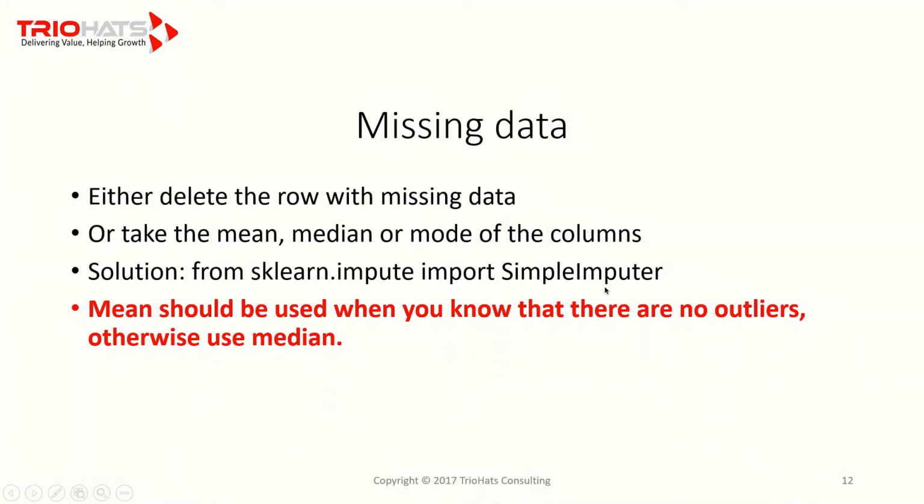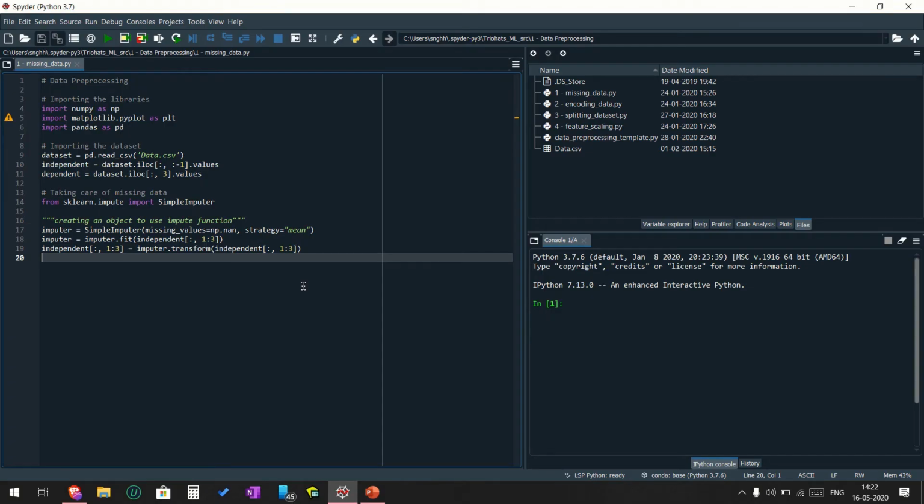And one thing to note is that mean should be used when you know that there are no outliers. Otherwise, we should always use median. Let's see some code and I'll tell you how to fill in the missing values with the help of mean, median or mode and with the help of the library. So here is the code of how to impute the missing data in the columns. Before that, let me show you the data which we are working on.